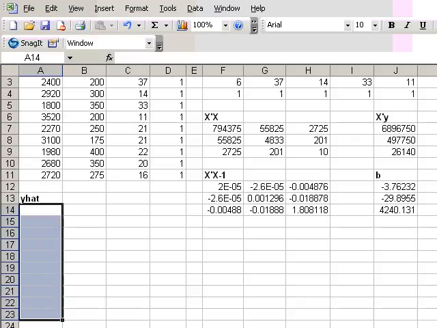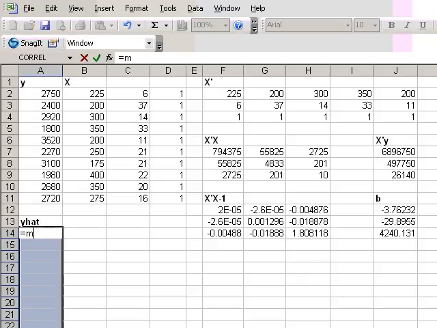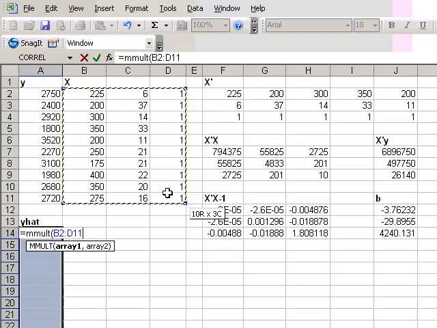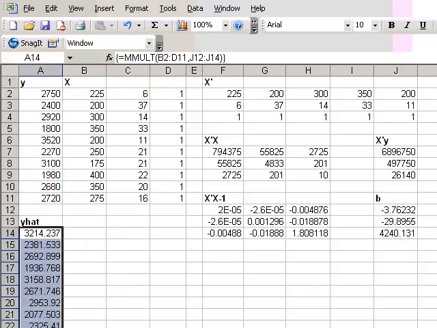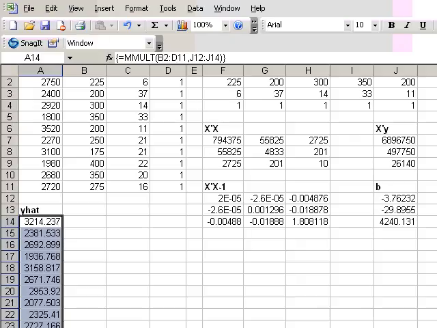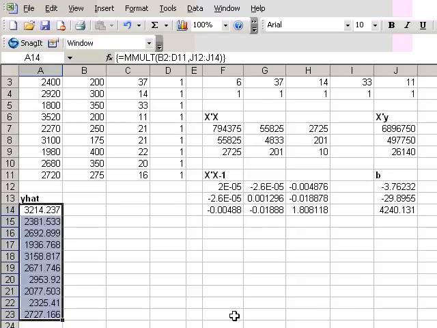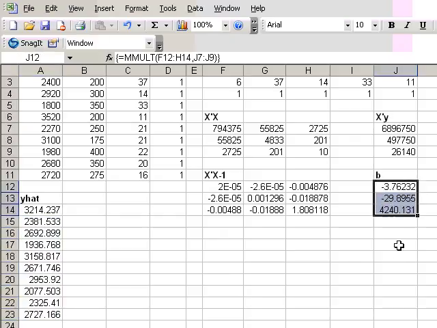In the first cell we will type equal MMULT and a left paren, and now we'll select the X matrix and a comma, and then we'll select the values of B and hold down Control Shift and hit Enter, and we now have the predicted values for Y, the values which we would predict on the basis of these B coefficients.